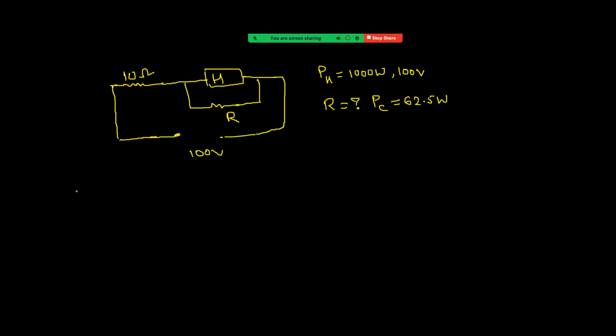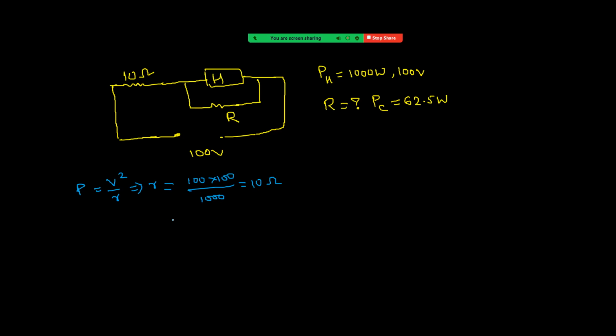So power equal to V square by R. From this R equal to V square by P. V is 100, so 100 square, P value it is given 1000. That means R value 10. Right. So this is now the resistance of the heater.